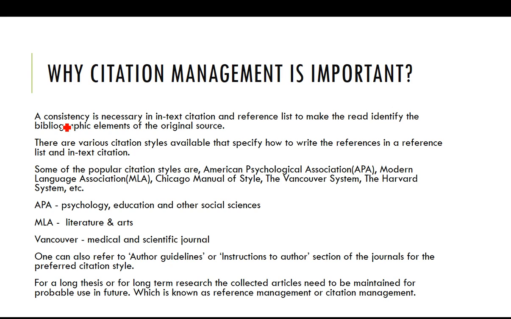So for this purpose, there are various citation styles available that specify how to write the references in a reference list and in-text citation. Some of the popular citation styles are American Psychological Association (APA), Modern Language Association (MLA), Chicago Manual of Style, Vancouver System, Harvard System, etc. If you are from psychology, education and other social sciences like economics and commerce, then most of the literature follows APA style.